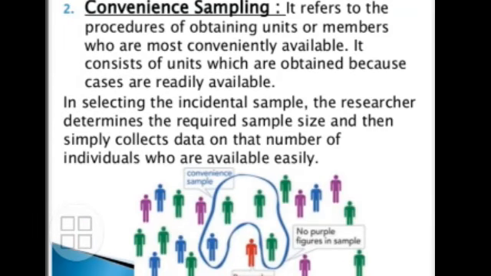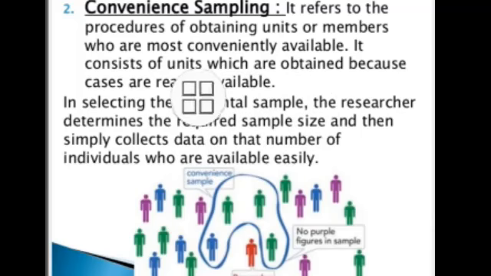The next type of sampling is convenience sampling. It refers to the procedure of obtaining units or members who are most conveniently available. It consists of units which are obtained because cases are readily available.